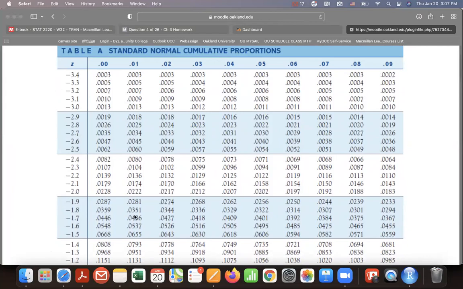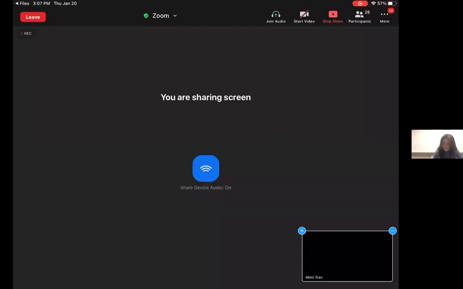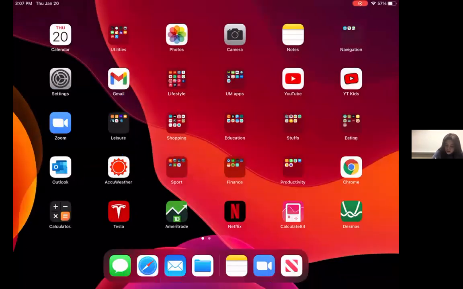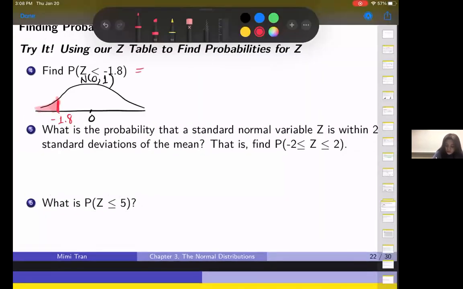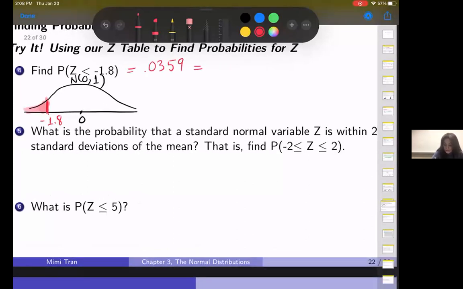So roughly 3.6%. Okay, so Z less than negative 1.8 is roughly 0.0359. If you want to change it into percentage, it could be 3.59%. I'll take both answers.